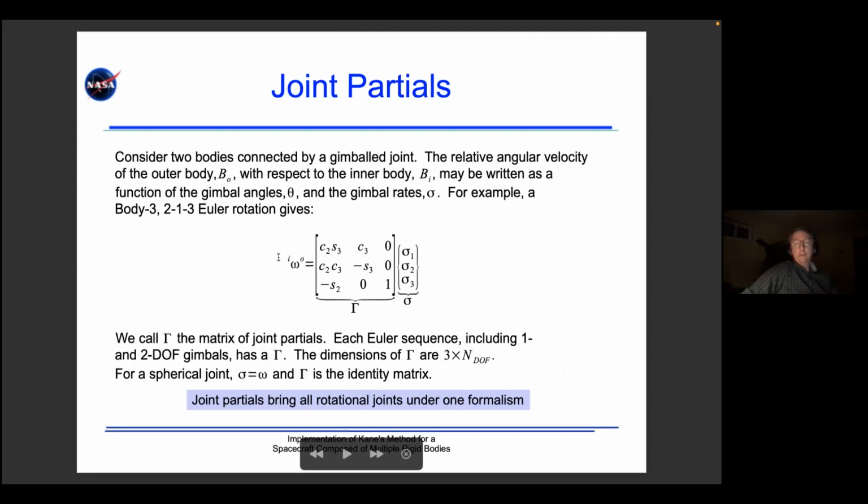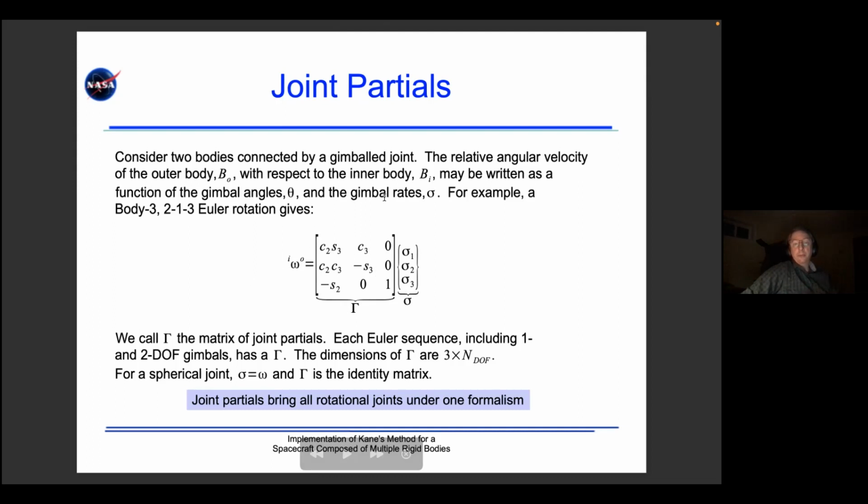So for any joint, there's a joint that connects two bodies, an outer body and an inner body. If the outer body can move with respect to the inner body, it's going to have a relative angular velocity, and it's related to whatever the joint speeds are by some matrix here. And the details of this matrix depend on the details of the joint.